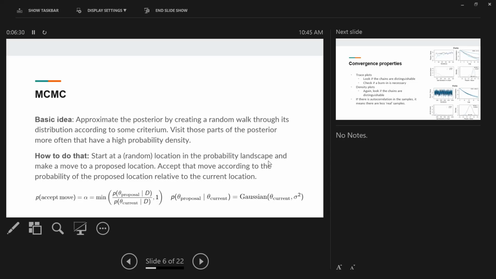We divide the proposed location by the current location, and if it's larger than 1, we use 1 as probability, so we always go to the new location. If it's lower than 1, so the current is better than the proposed, then that's the probability. So there's still a chance that you go to the worse location, but sometimes you also stay in your location. Yeah, that's it. Is MCMC clear?